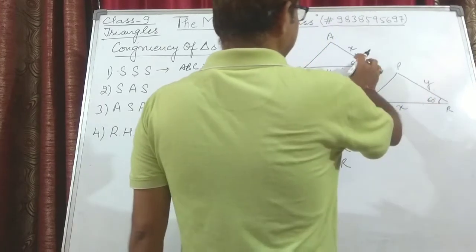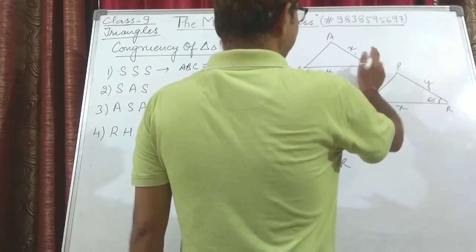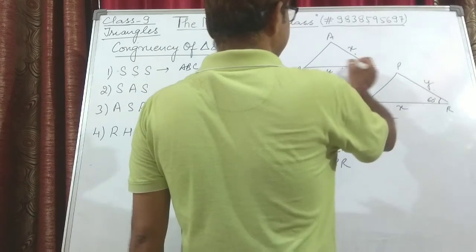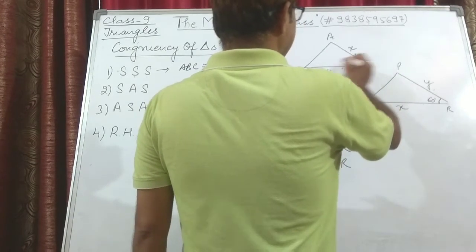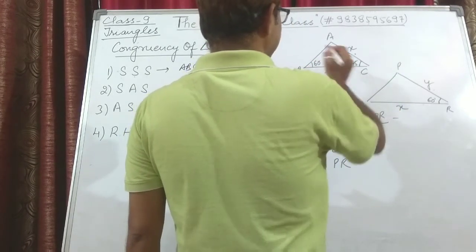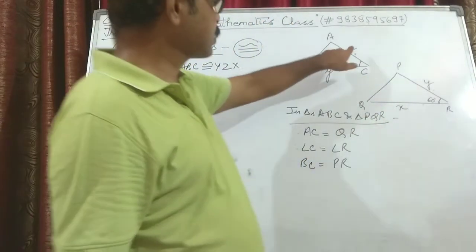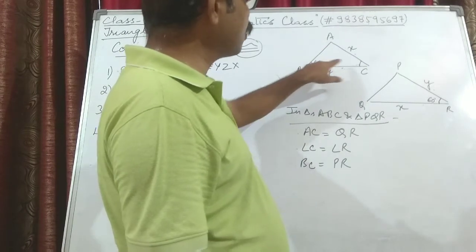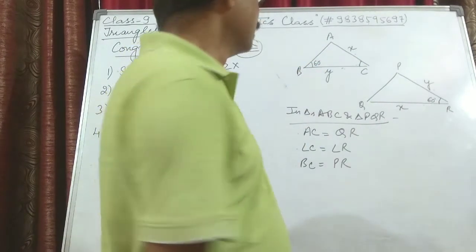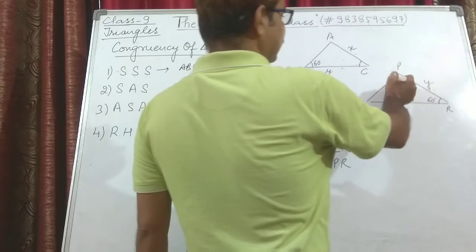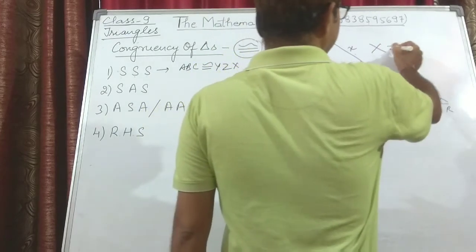But if I say this is not 60, let's say this is 45, and this angle is 60, then the angle is not included between the equal sides. So in this case, these triangles are not congruent.